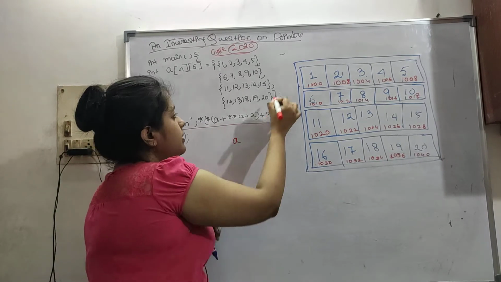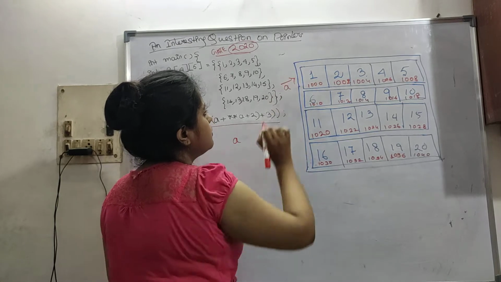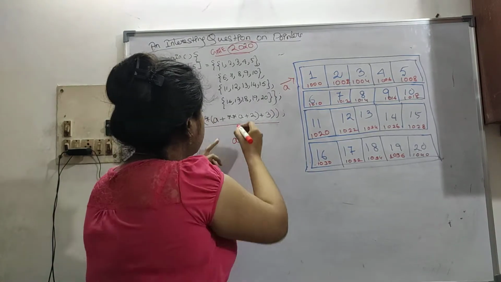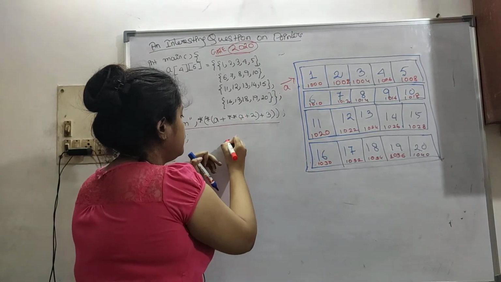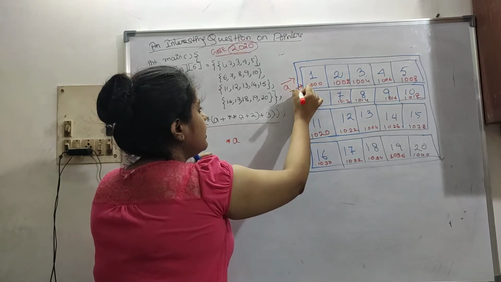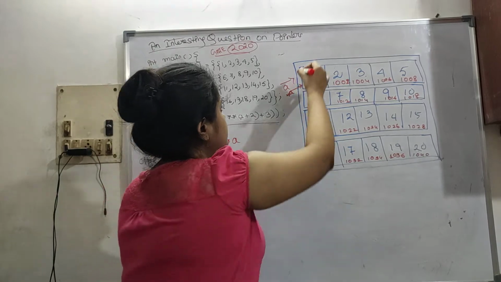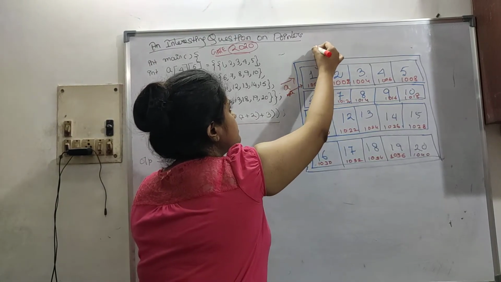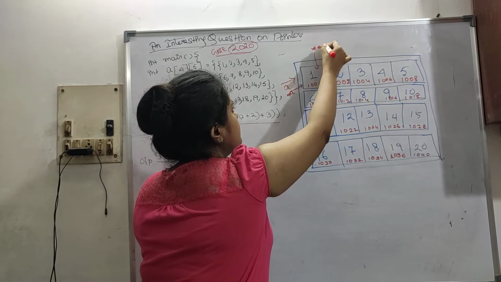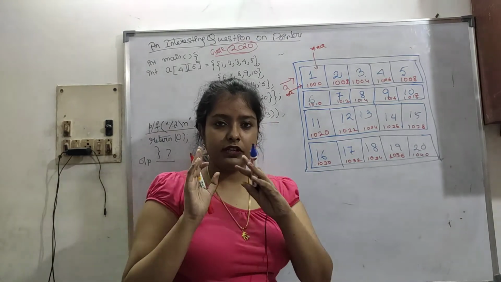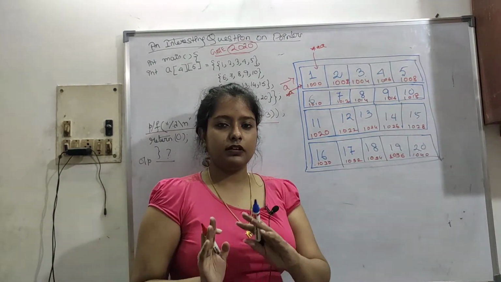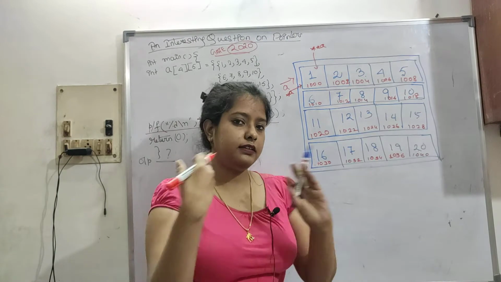a means it is pointing here. Now star a means we are going inside our array. I have already told you, if you are standing outside an array and you apply a star, you go inside the array.